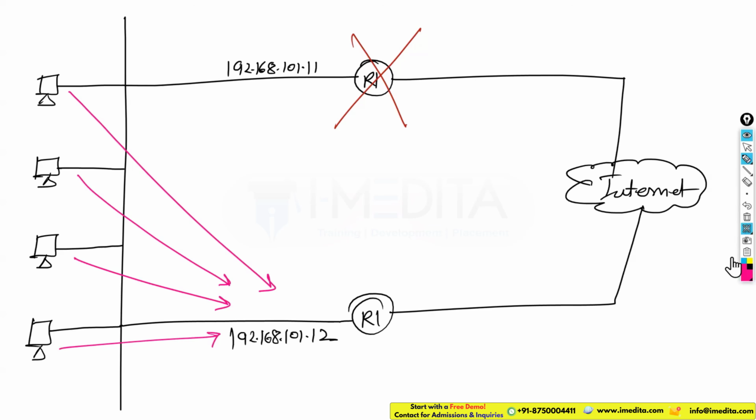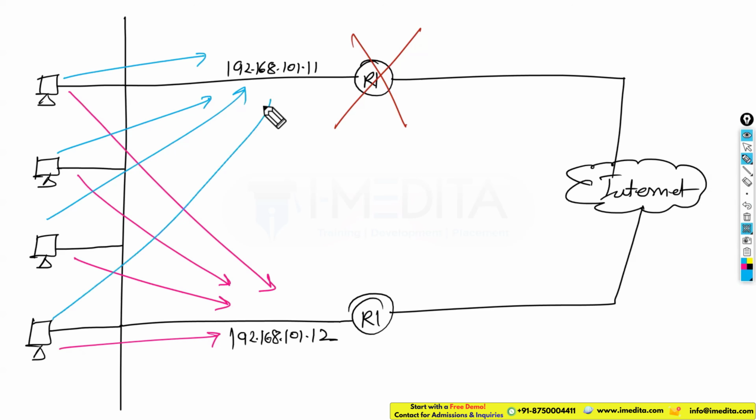But the problem is this: changing the gateway from router 1 to router 2 is not easy. If we have one or two hosts, we can do it. If we have hundreds of hosts, then it is not easy. Then what do we need to use here? We will not use a physical IP.